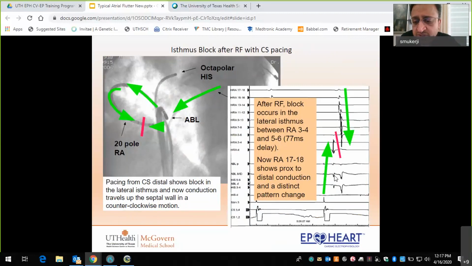This demonstrates a delay in conduction. So if the distance between point A and point B is more than 110 milliseconds, that again is indicative of the ablation being complete. To answer your question, for differential pacing, there are no set numbers.